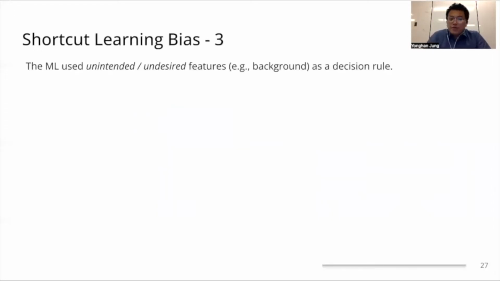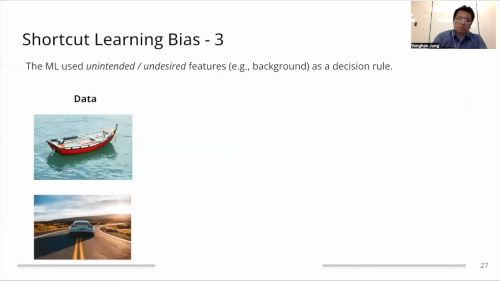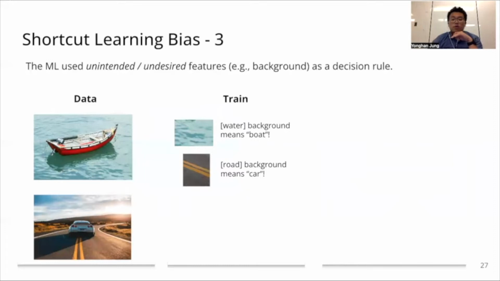This happens because the machine learning model used an unintended, undesired feature as a decision rule. For example, given the set of data, the machine learning model is trained in a way that it will determine the image as a boat if it has a water background, and classify the picture as a car if it has a road background.